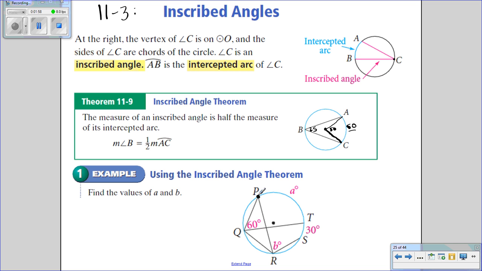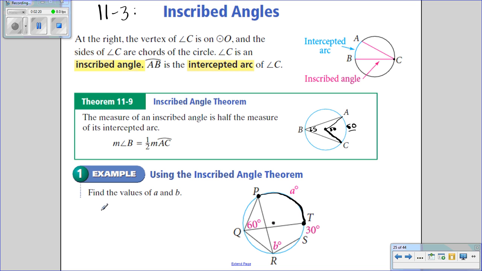This arc right here, arc PT, goes with an inscribed angle. We can follow these lines here and see that angle PQT measures 60. So this angle PQT goes with this arc.